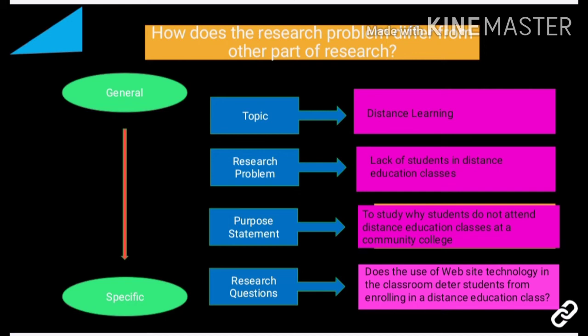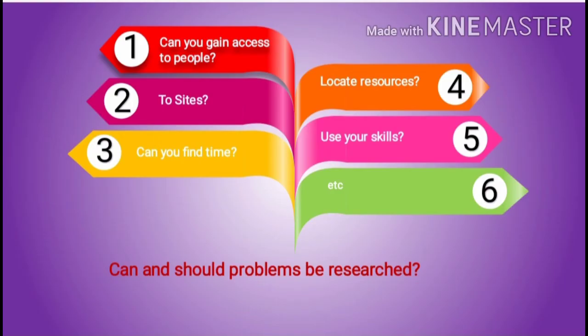The purpose statement is to study why students do not attend distance education classes at a community college. And the research question: does the use of website technology in the classroom deter students from enrolling in a distance education class? You can see the difference, and it gives information from general to specific.